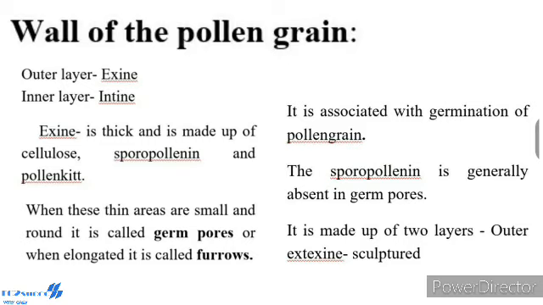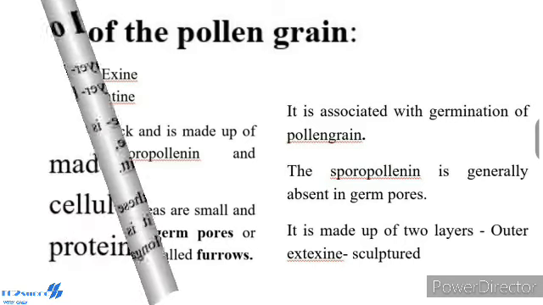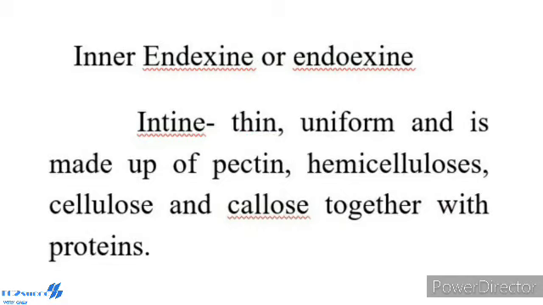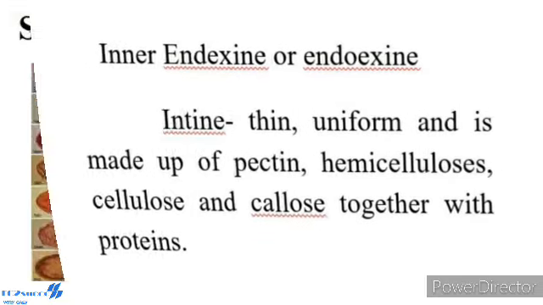The sporopollenin is generally absent in germ pores. Exine is made up of two layers, outer ectexine, that is called sculptured, and inner endexine. Intine is thin, uniform and is made up of pectin, hemicellulose, cellulose and callose together with proteins.